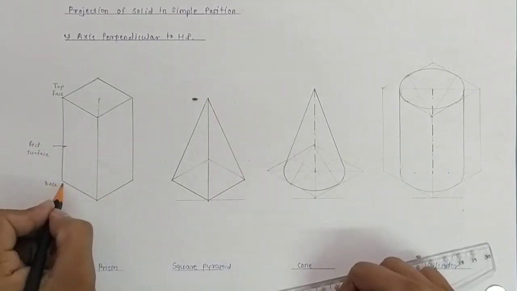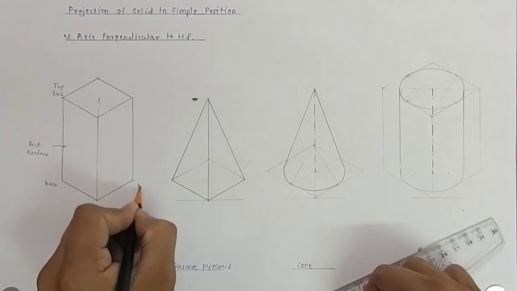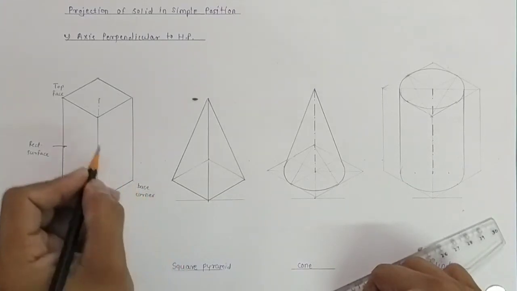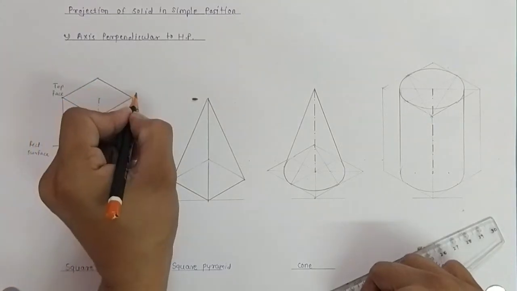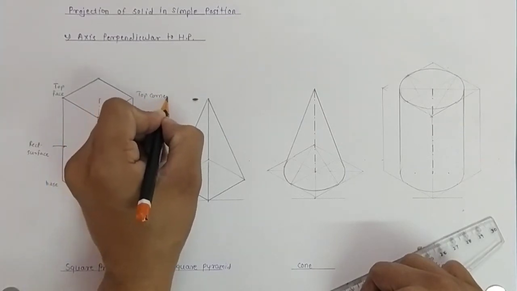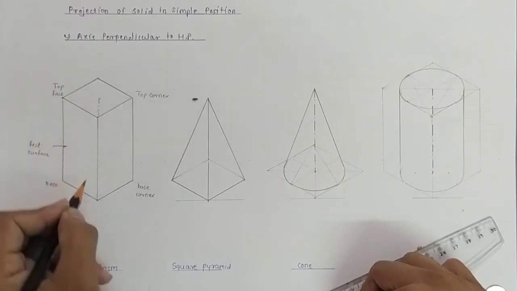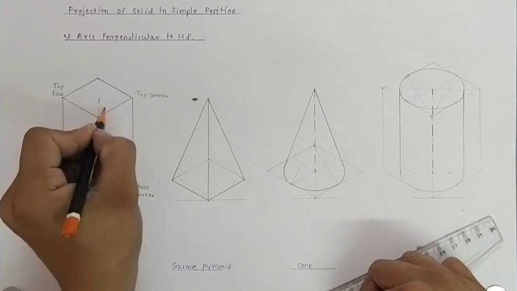Now these 4 points represent the base corners. Again on top, these points represent the top corners. An imaginary line passing through the top face to the bottom face is called the axis.